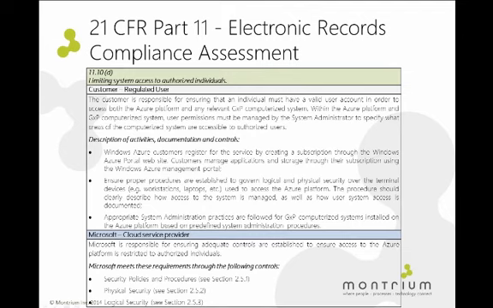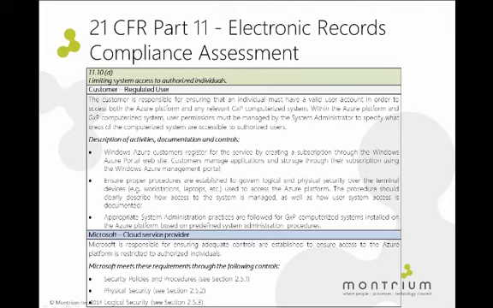So the following is an example of an assessment that was done specifically for 21 CFR Part 11.10(d), where the requirement is to limit system access to only authorized individuals. In this example, we identified the responsibilities of the customer, which in this particular case revolve around security and user access management, and we've listed the specific activities that the customer should perform in relation to this.